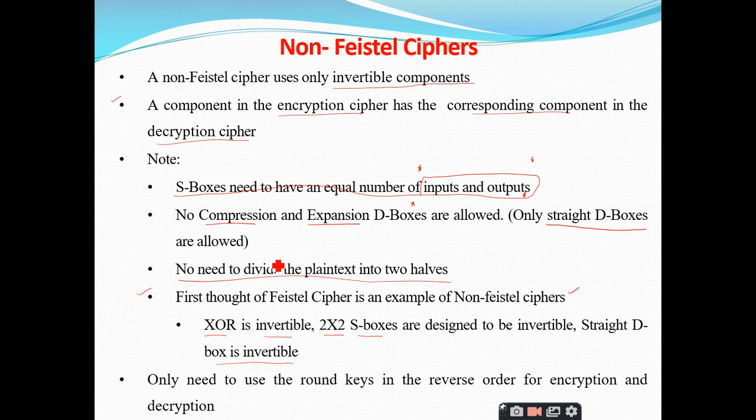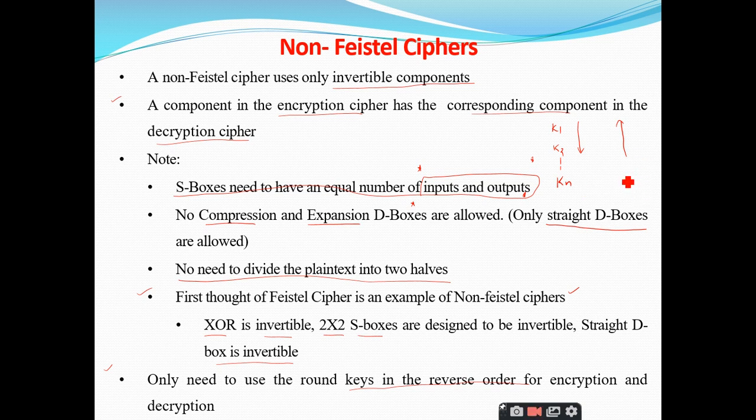Yes, sir. Right. So this is all about the non-Feistel cipher. The only caution you have to take here is to make use of the keys in the reverse order for encryption and decryption. When you pass the encryption in this order, that means K1, K2 and so on up to Kn, this is what happens at the encryption side.